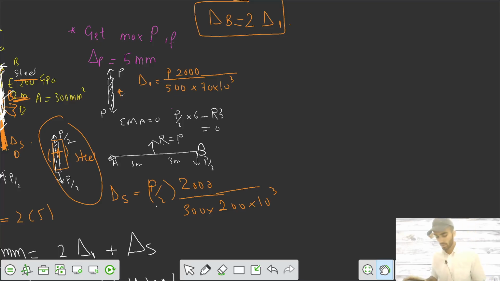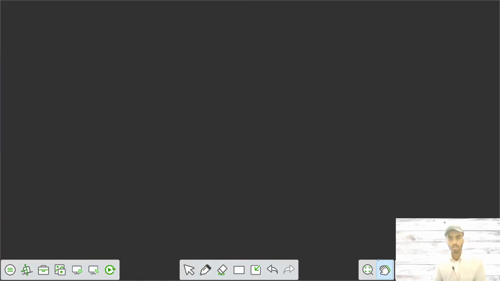Now the next one. Firstly, removing all this stuff. Next question, it says, this is your initial condition. Initial condition is you have a hinge support here and a stepped bar of say 300 mm.